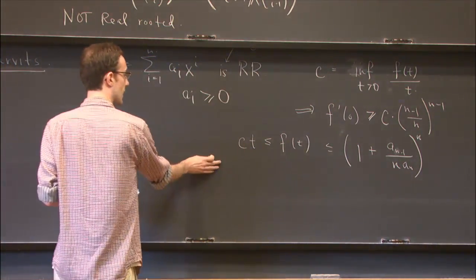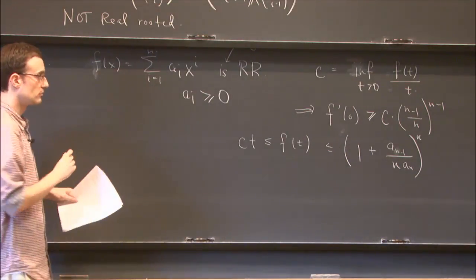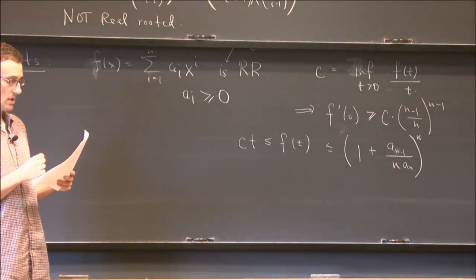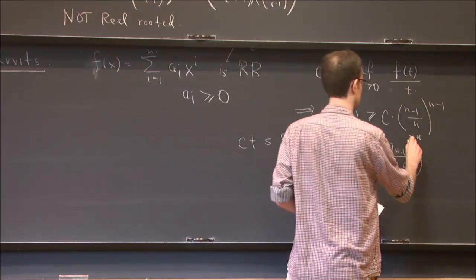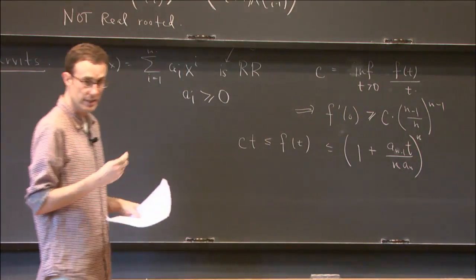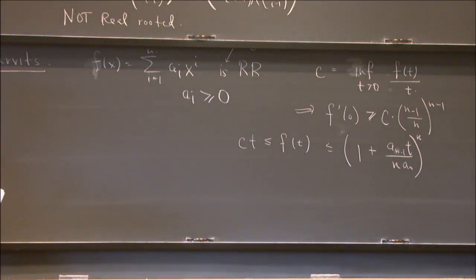Write the polynomial in t. This is always positive on the positive real numbers.